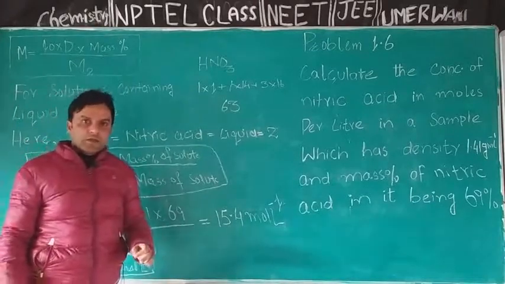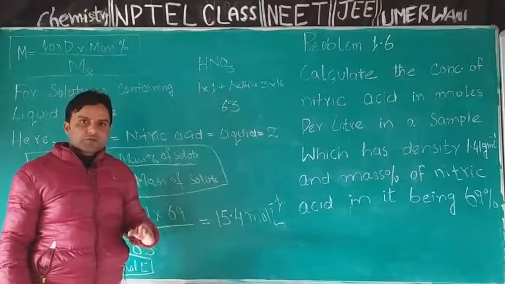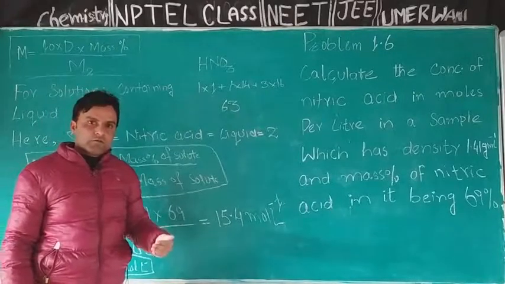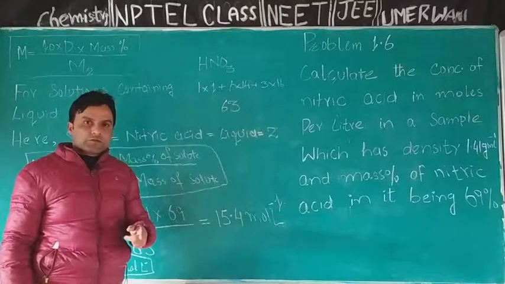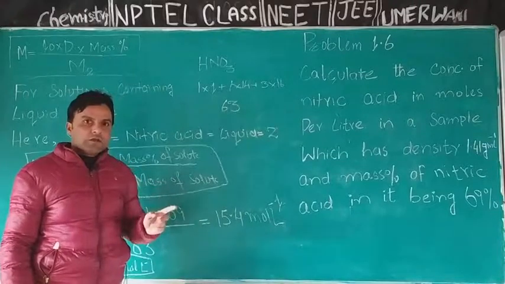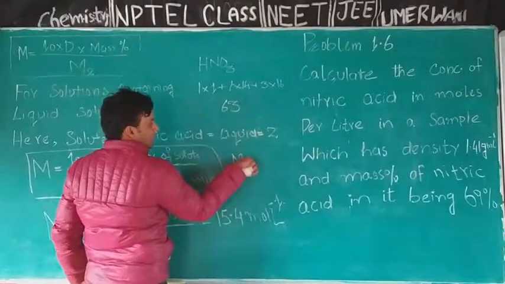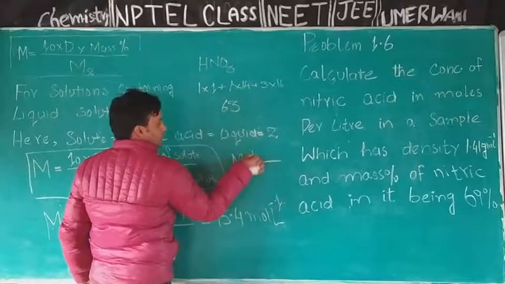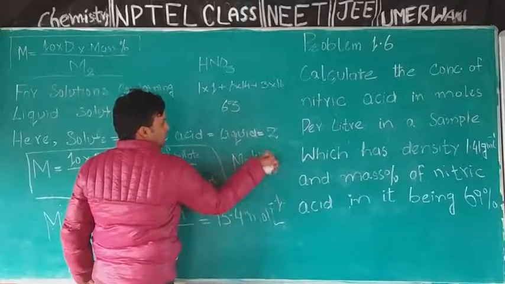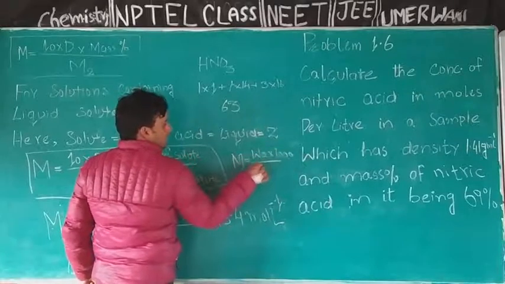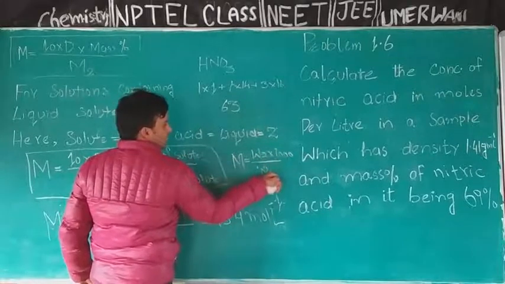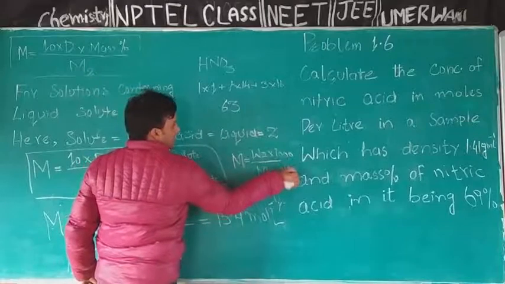If in the lab you are asked to prepare a solution of any molarity but containing a solid solute, you have to use this formula: M is equal to W2 into 1000 divided by M2 into volume in ml.